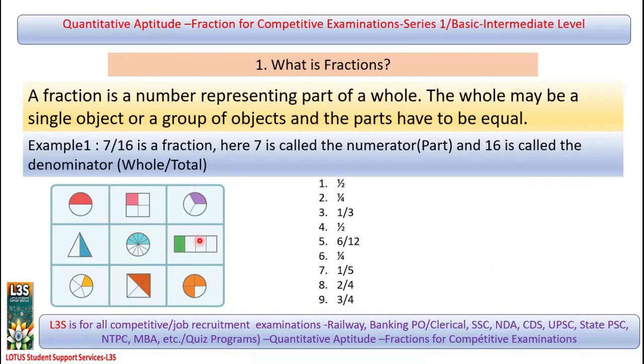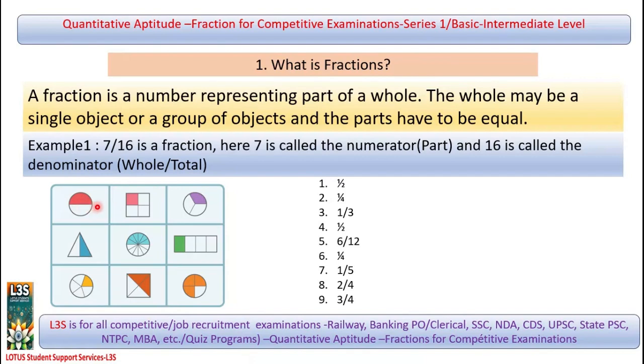Now let's see these figures. In the first figure, which is a circle, we can see that the top half is colored red. So the red color fraction will be 1 by 2, because it is divided into two equal parts, and one part is colored red.